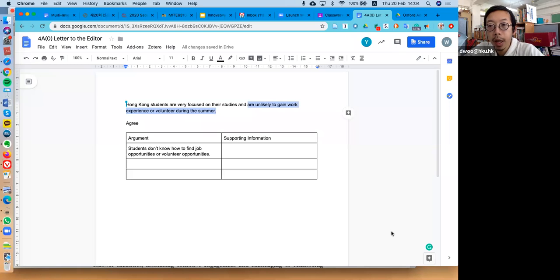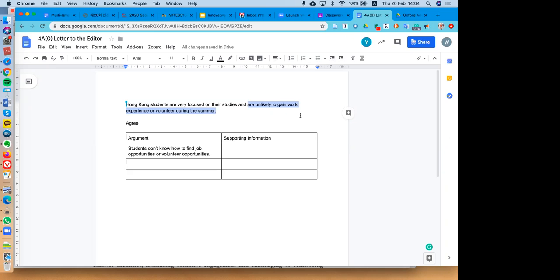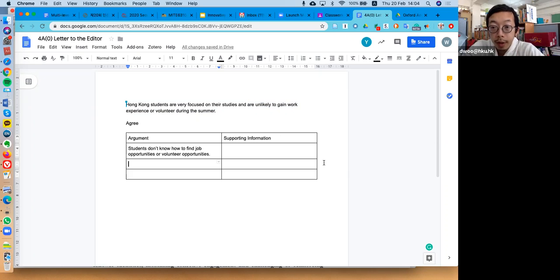Kaylee, Mancy, Mandy, any other reasons? Why wouldn't? Maybe because Hong Kong students feel tired at work. Okay, so we're close to something now. So Hong Kong students are tired. From what? Now, again, Hong Kong students are not working. Do you understand? The opinion is Hong Kong students are not going to work. Unlikely, all right?